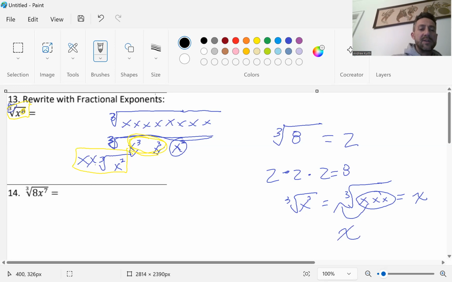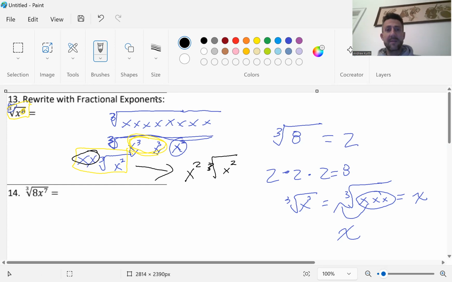So we can finish this up by saying that x times x on the outside is x squared, and then we still have the cube root of x squared, which is pretty confusing. Anyway, that's a way that we could simplify this with radicals.